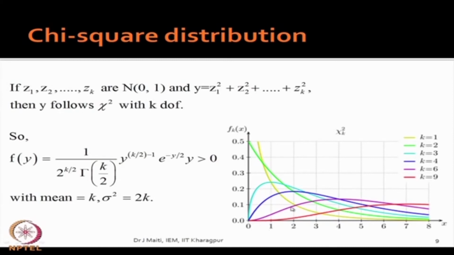So, degrees of freedom plays an important role in the chi-square distribution. In the Z distribution, what degrees of freedom are required? No degrees of freedom. We have not discussed anything related to degrees of freedom in the Z distribution. When you see the unit normal distribution table, there is no degrees of freedom column.